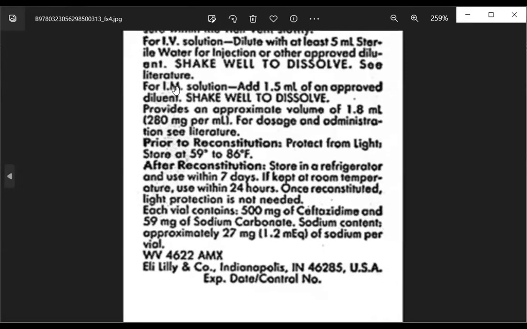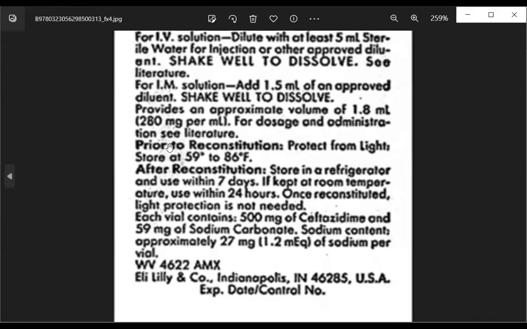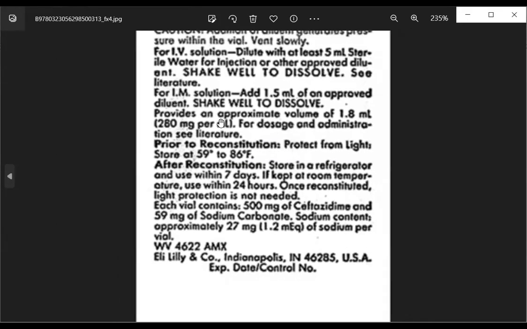And you see, if we're talking about the intramuscular solution, it tells you 280 milligrams per milliliter. If this was being administered another way, you might use different information. In this instance, it's in parentheses. But at the same time, you need to know to look for it, right? That's what I'm trying to get at: you have to look for it.